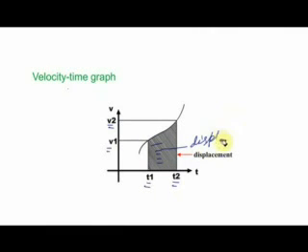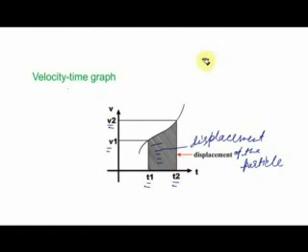So this is the total area. So this is nothing but the displacement of the particle. Also, the slope of this graph at any given point will give the value of instantaneous acceleration.